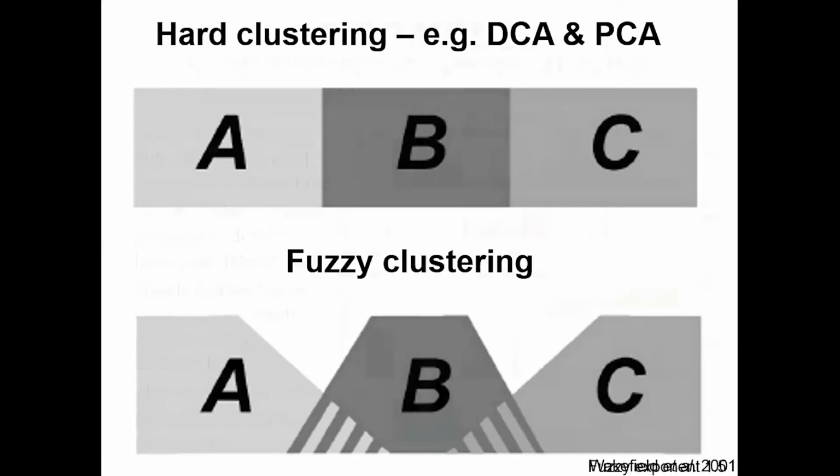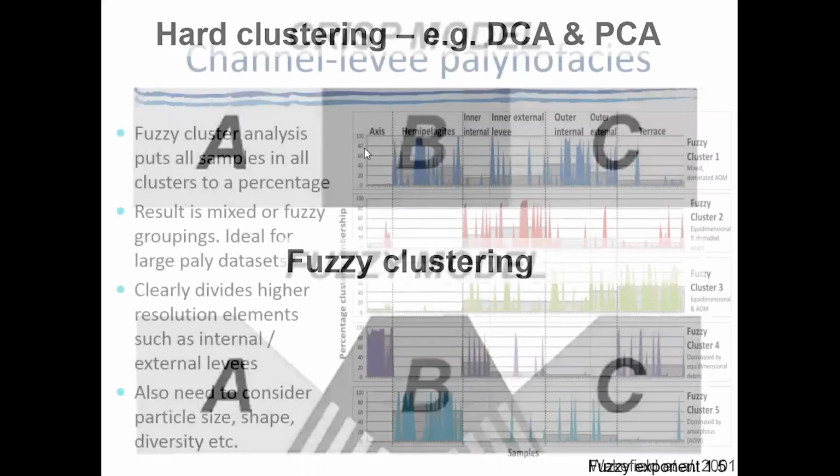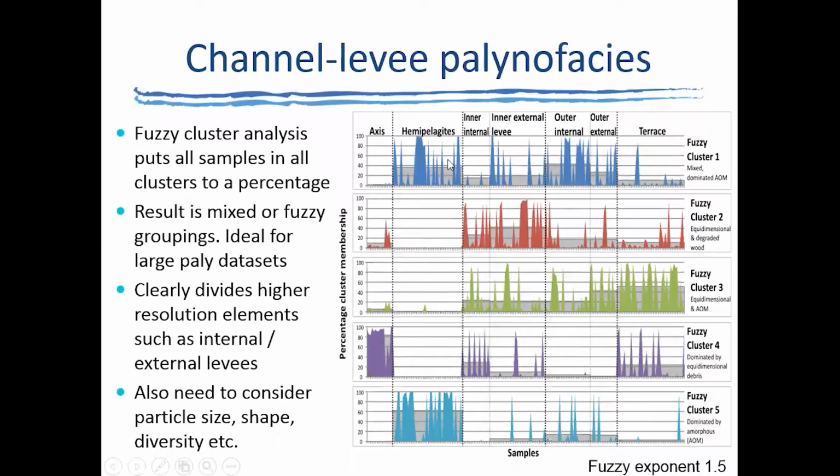And the result are these mixed or fuzzy groupings that we can use to investigate the data set and to give us more control on the variable factors in each of our sub-environments.